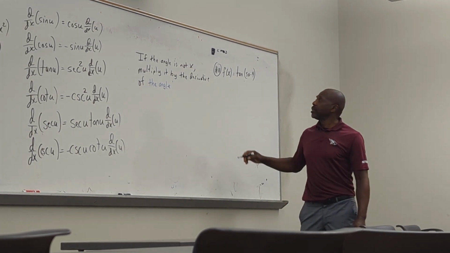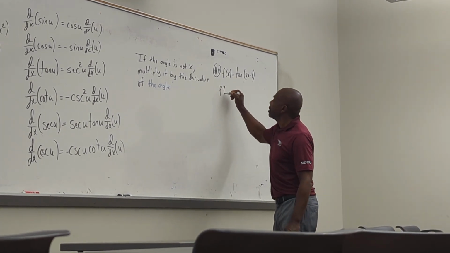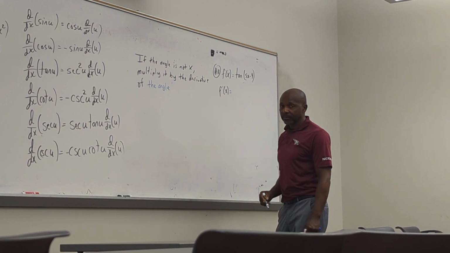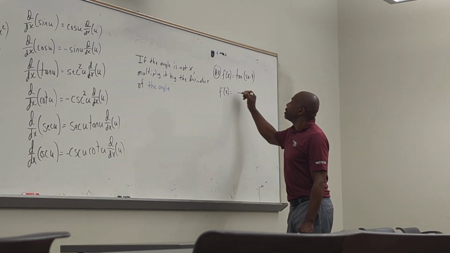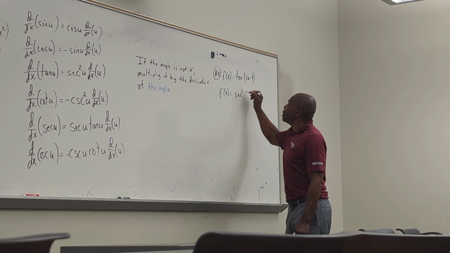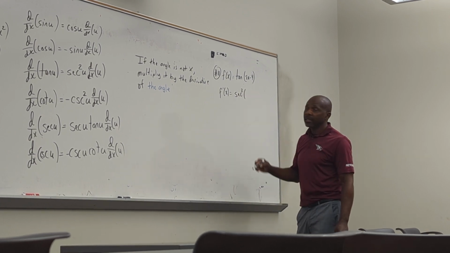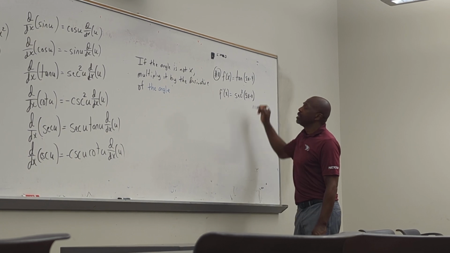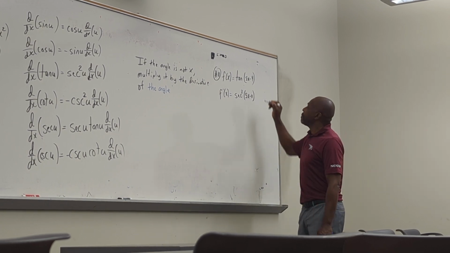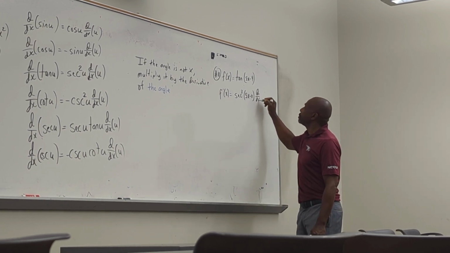So when I take the derivative, what's the derivative of tangent? Secant squared x. So that's secant squared, but it's not x, is it, class? Yeah. So there's secant squared of 5x minus 11.